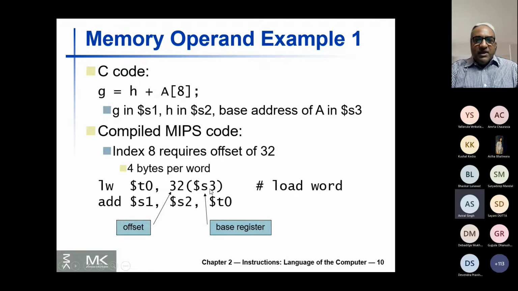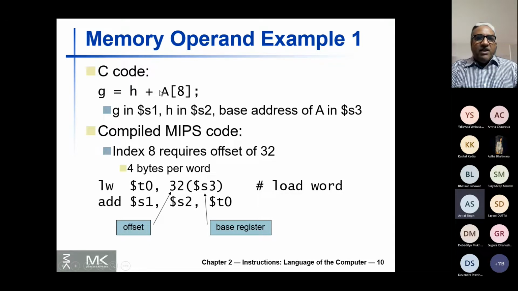One is S3, which contains the base address, and then the offset, which says how far from the base address the value is located. That is 32. So by using this load word instruction, you fetch the contents of A8 and place them in the T0 register.